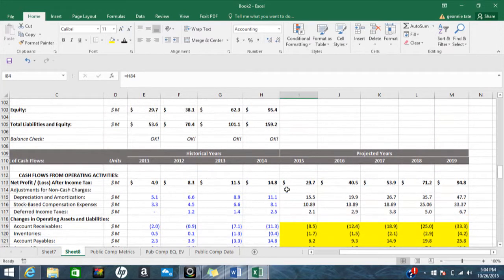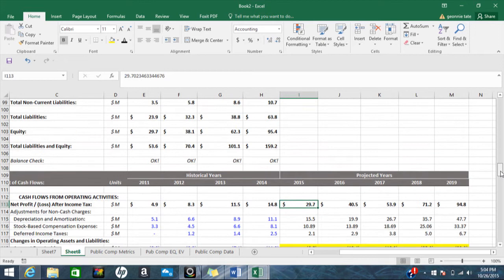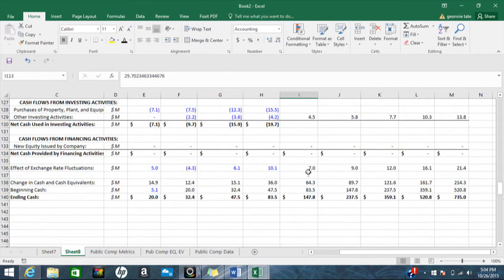Some of these will go into the same line item, so you have to be careful when you're doing stuff like that, because for example, the equity item is net income, stock-based compensation, the change in exchange rates, the difference, and you have also the new equity.